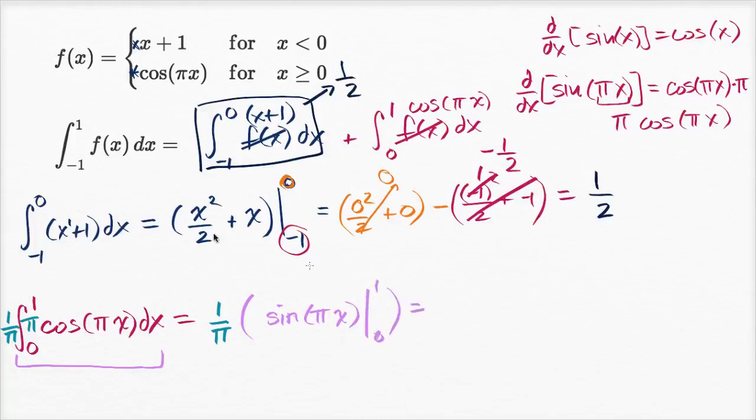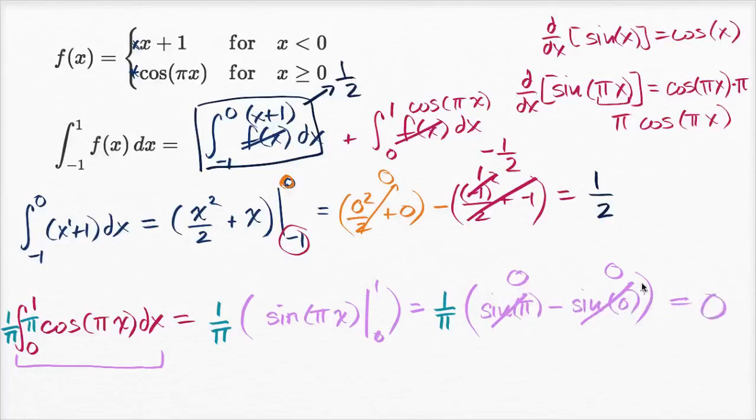So this is going to be equal to 1 over pi times sine of pi minus sine of pi times 0, which is just 0. Well, sine of pi, that's 0. Sine of 0 is 0. So you're going to have 1 over pi times 0 minus 0. So this whole thing is just all going to be equal to 0.